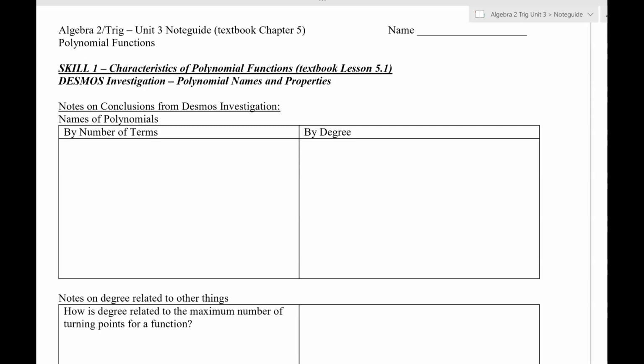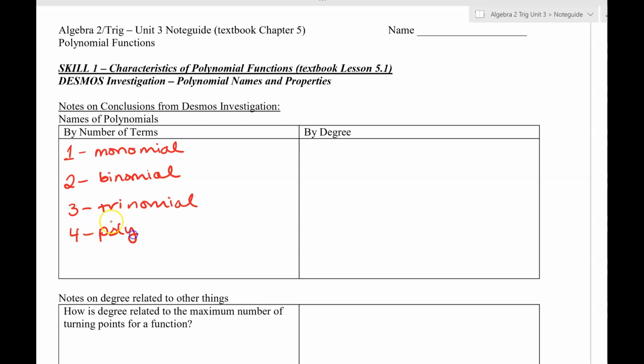So just a couple of reminders that when you name a polynomial by the number of terms, if the polynomial is one term, we named it a monomial, two terms, a binomial, three terms, a trinomial, and four terms after that, so 4 plus, I guess we should say, we're just going to call it a polynomial. Sometimes they'll say of a certain amount of terms.